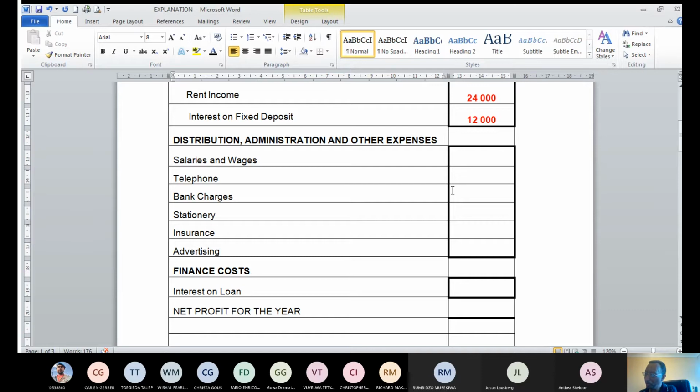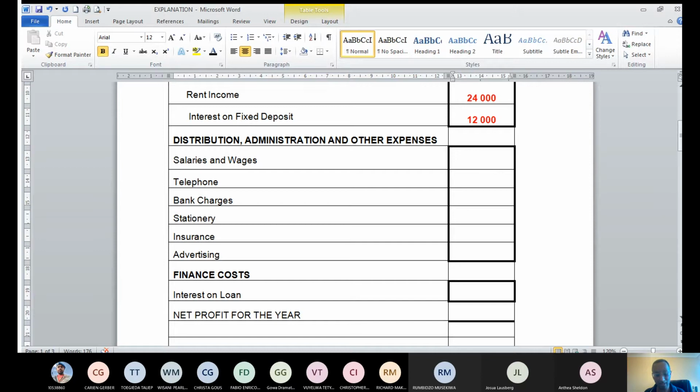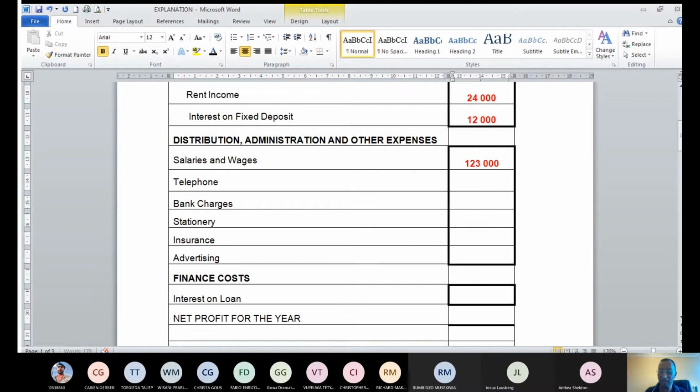Purchases, purchases returns, carriage on purchases and sales returns. We've worked with that already in the calculation of the gross profit. My first account that I see there is salaries and wages. So your salaries and wages expense for the year amounted to 123,000 Rand. Next one is your telephone expenses, and telephone expenses amounted to 9,600 Rand.